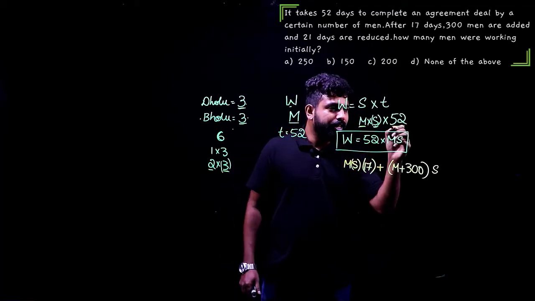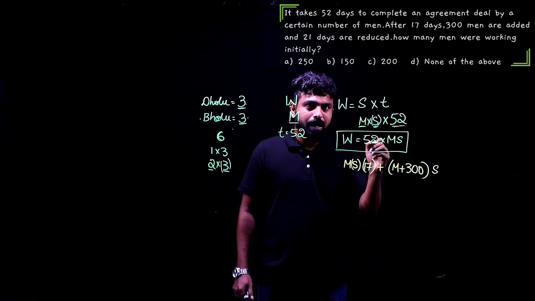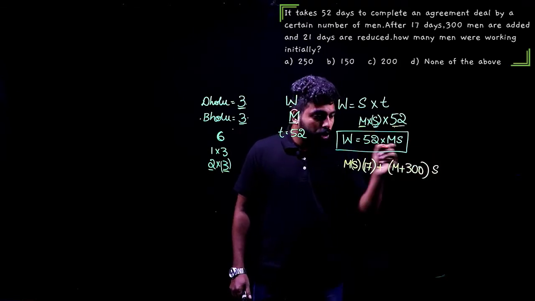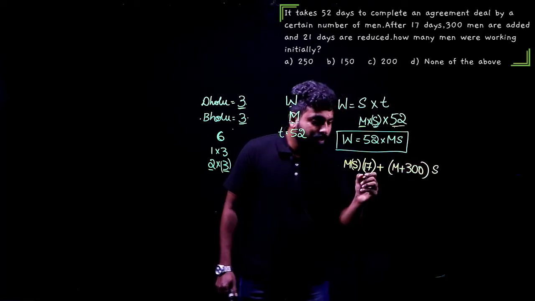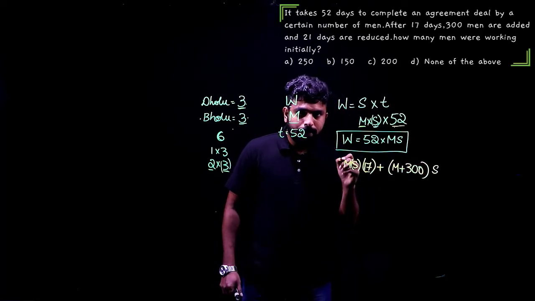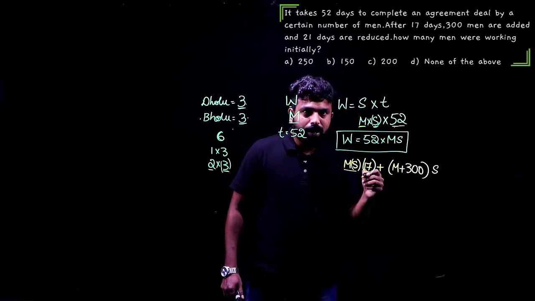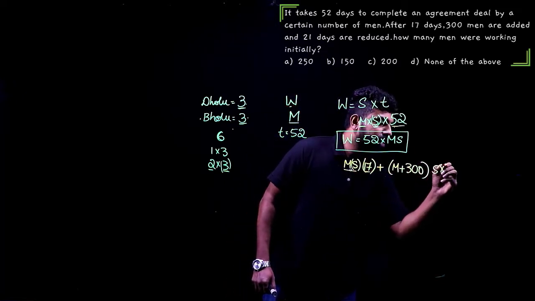So it will be 52 minus 21, which is 31. In that 31 days, even these 17 days were counted. So these men were working for 17 days. Hence, the new men will be working for 31 minus 17, which is 14 days.